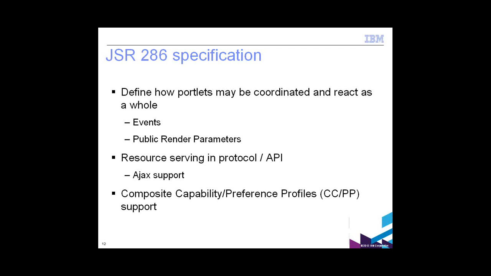Prior to JSR 286, with JSR 168, the main concern was if your two fragments were to communicate with each other. For example, consider you are on the intranet site and you want to search for some content. Typically, the search dialog with the various fields is one portlet, and the result comes in another portlet.